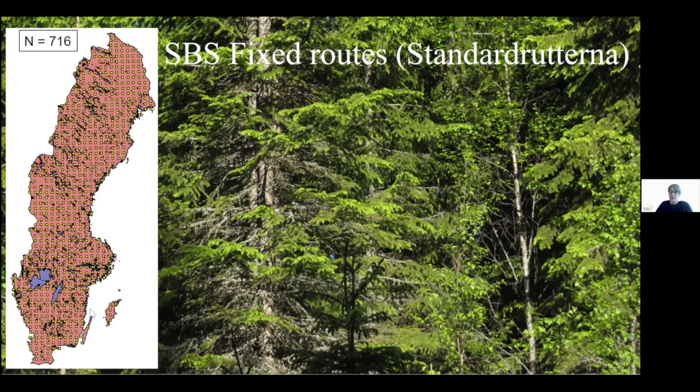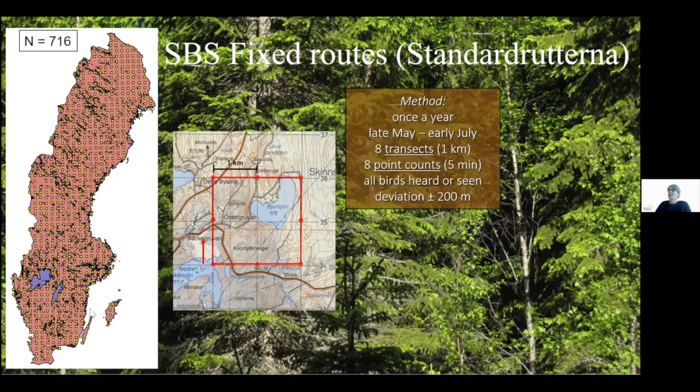Of course, all the sites are surveyed using a standardized method, a systematic method, which is, like Marcia said, repeated year after year after year. The sites are in this survey 2 by 2 kilometer squares. They are visited once a year in late May to early July.